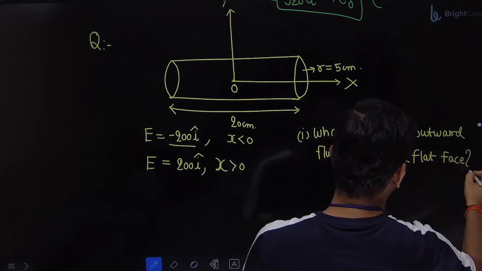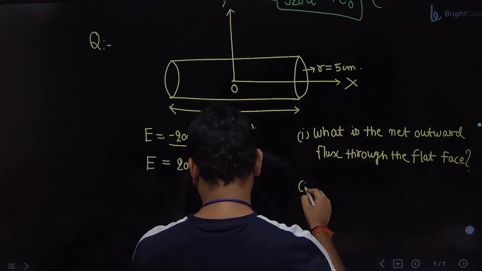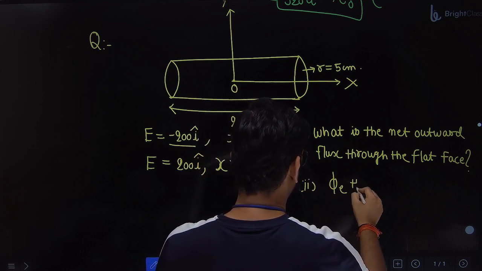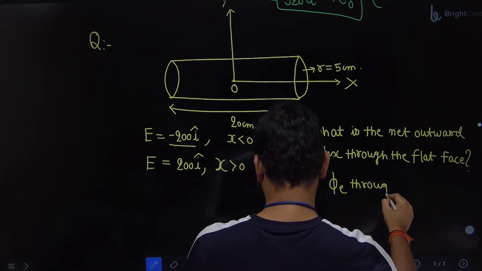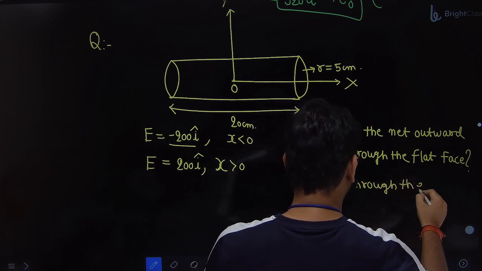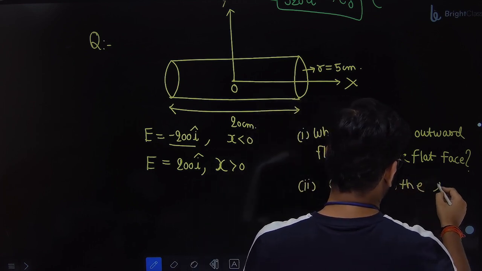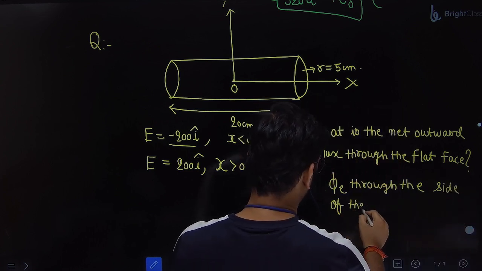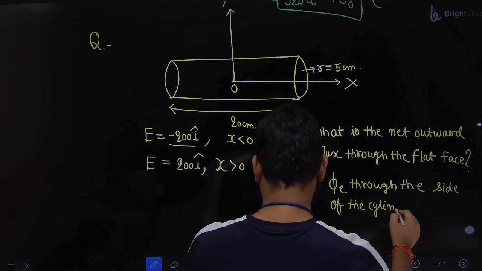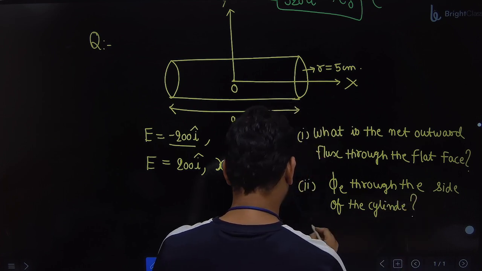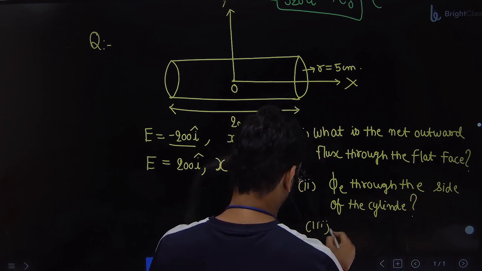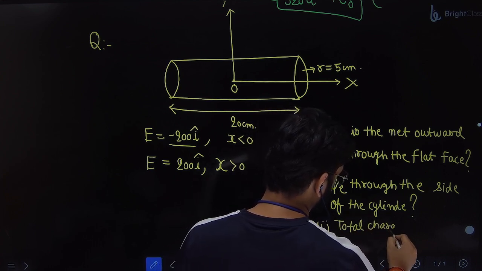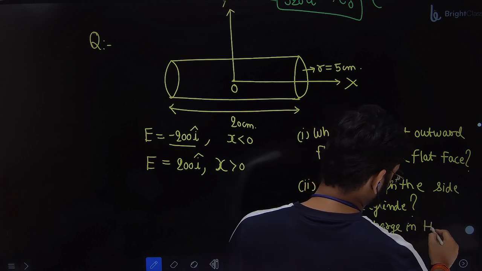Second part, flux through the side of the cylinder. Last part, total charge in the cylinder.